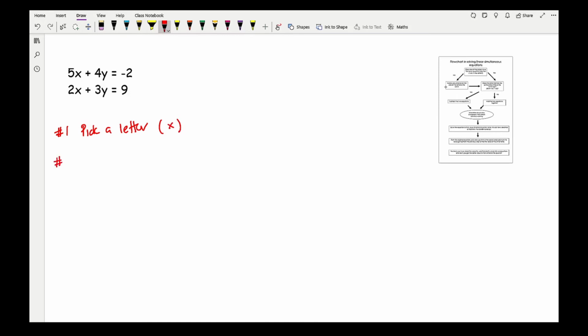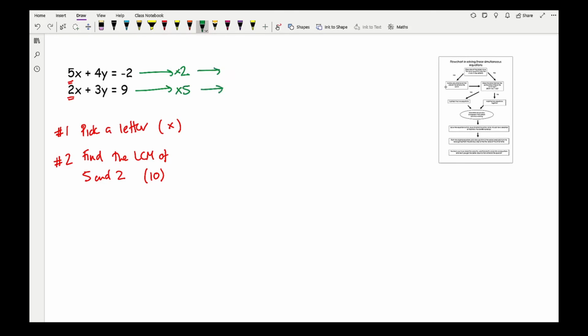Now, looking at the numbers of x, I've got 2 and 5. I need to find the lowest common multiple of those two numbers, 5 and 2, which in this case is 10. So I want to multiply both equations so I end up with 10x. To do that, I need to multiply 5x by 2 to get 10x, and I need to multiply 2x by 5 to get 10x.